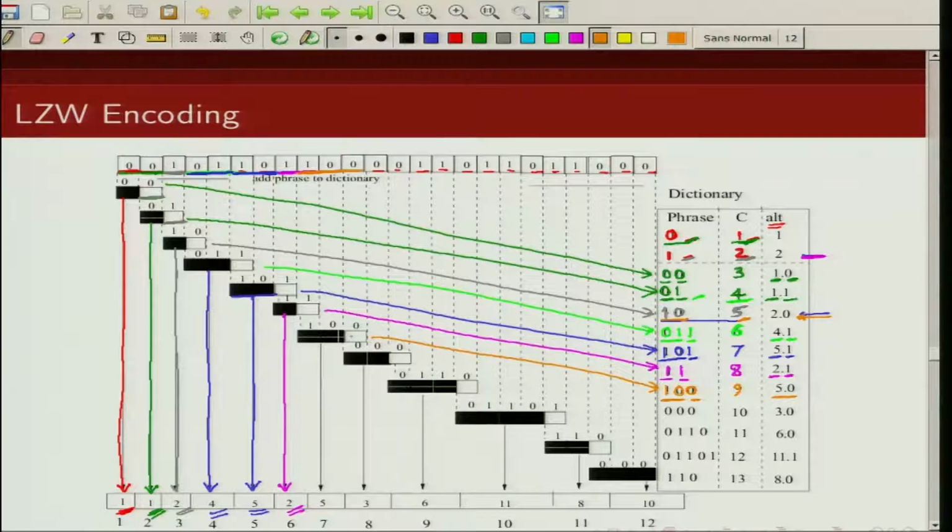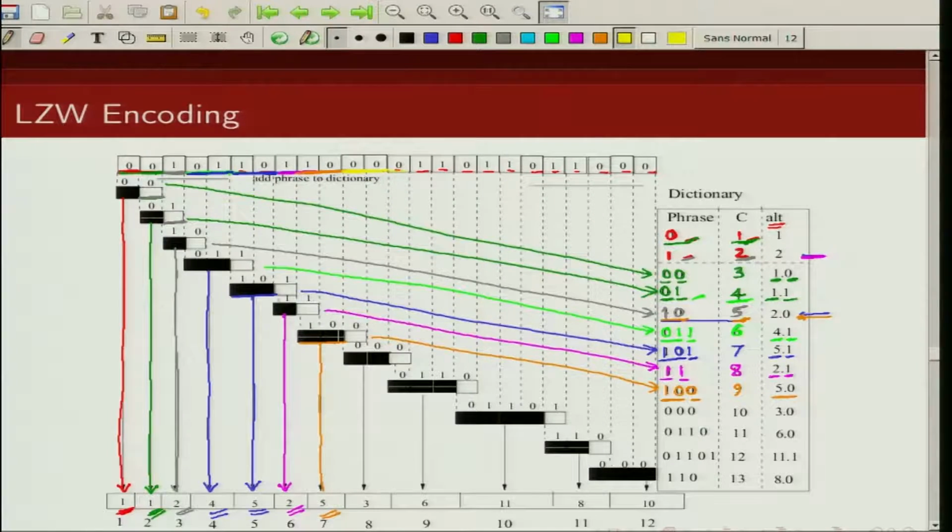Now that we have put 1 0 0 in the dictionary, we are going to encode 1 0, and 1 0 corresponds to code word 5. So that's why I have 5 here. Okay. Next, I start with this 0. Now this 0 is already there in the dictionary. Is 0 0 in the dictionary? Yes.